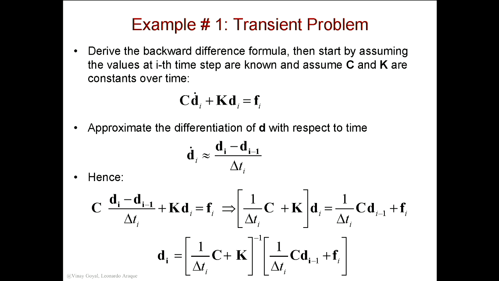And so therefore (D_i minus D_{i-1}) over delta t is approximate to D dot, and it is exactly that when delta t approaches, as the limit goes to 0. That's the basic definition of the derivative.